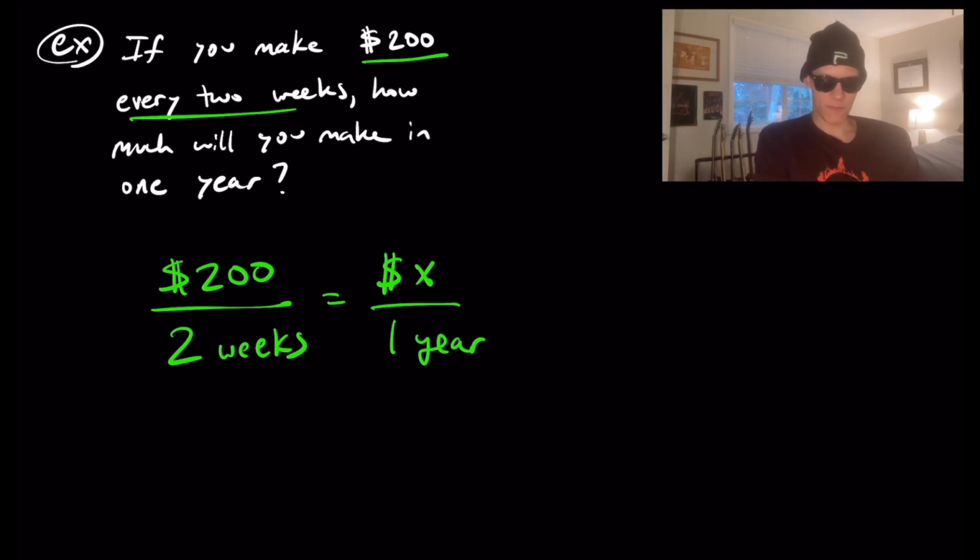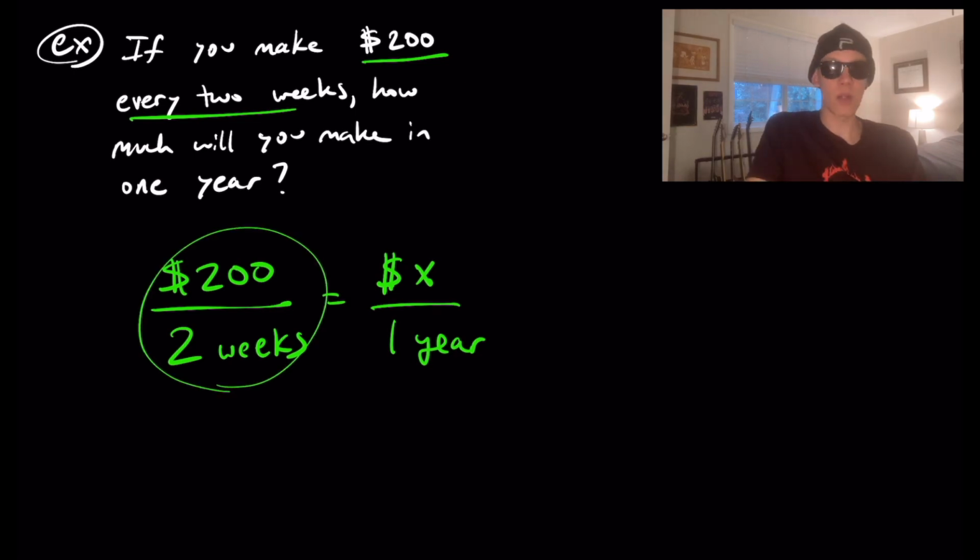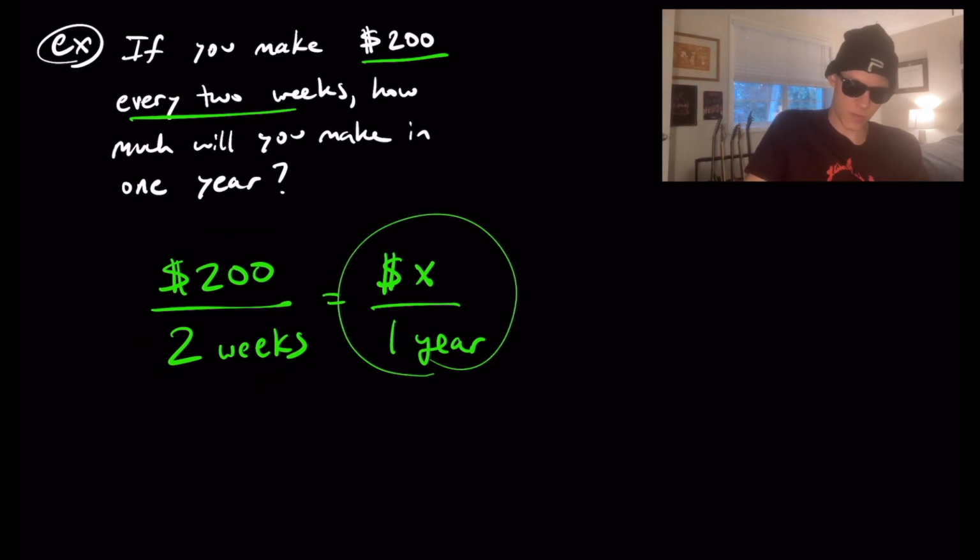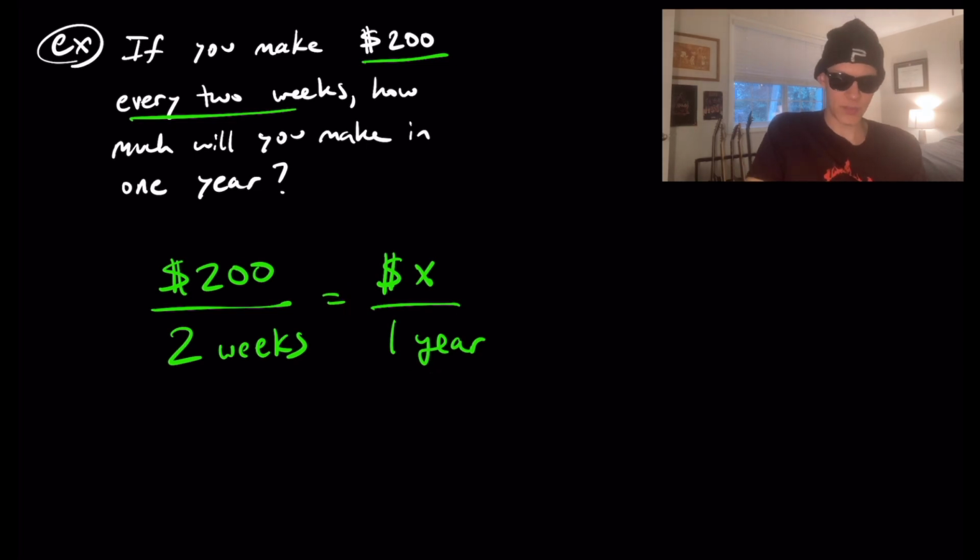But in a video or two ago, I think the first one that I did on proportions, whenever you're solving and setting up proportions, you got to make sure that your units are the same in each one. Over here on the left, we have dollars per weeks, but on the right, we have dollars per year. So something's got to change. We either got to express both of them in dollars per year or dollars per weeks. It doesn't matter, but this one, let's go with dollars per weeks.